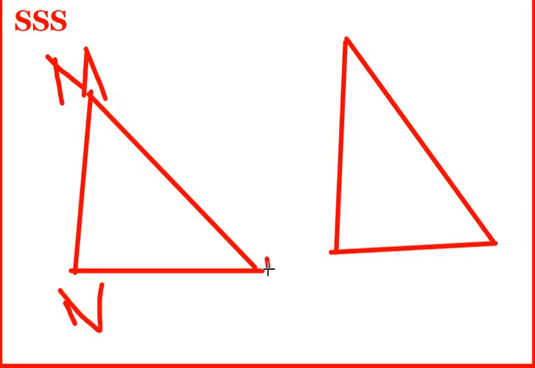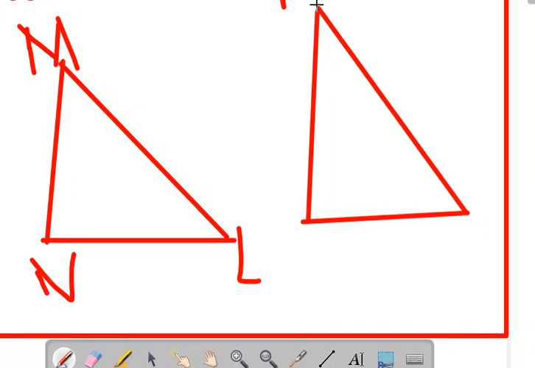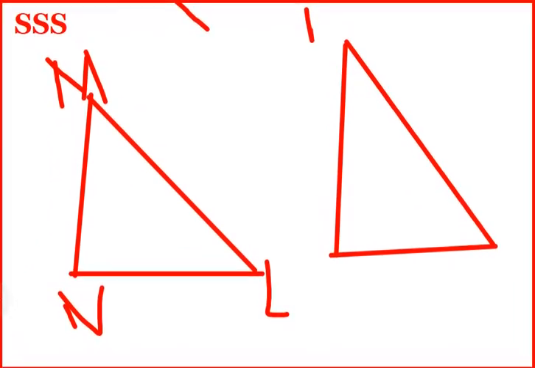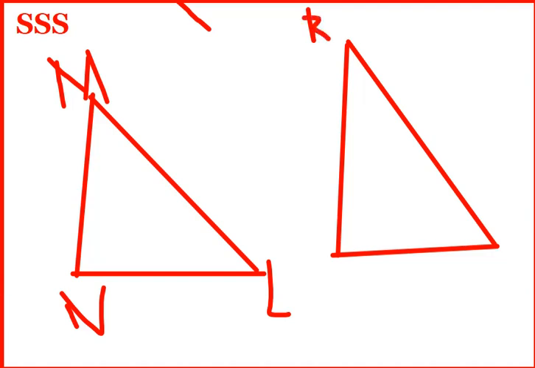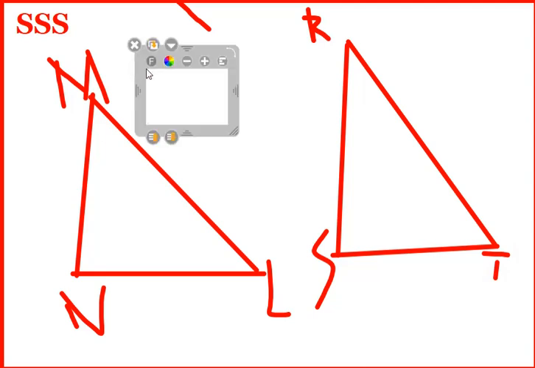M, N and L, R, S, T. Then we have that if we say they are similar, then we have their proportions being similar also.